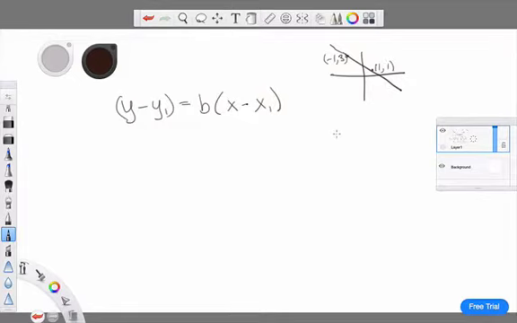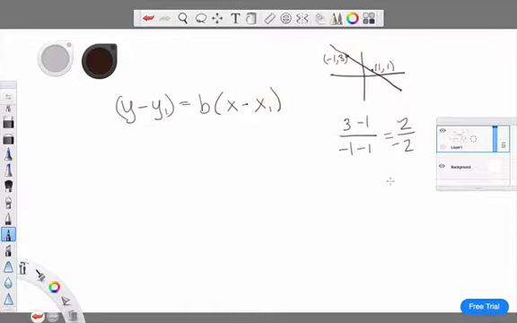Let's figure out the slope again real quick, to practice that. So we've got 3 minus 1, the y, over -1 minus 1. So it's going to be 2 over -1 minus 1, which is -2.